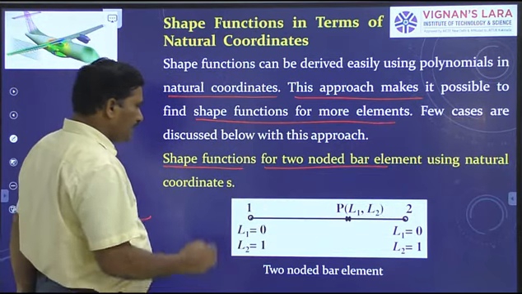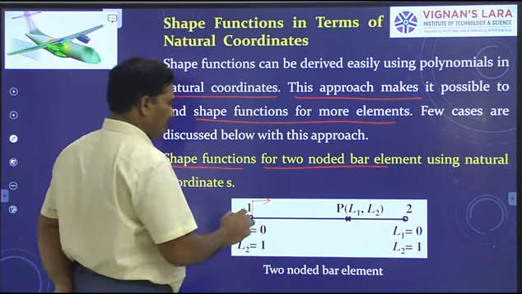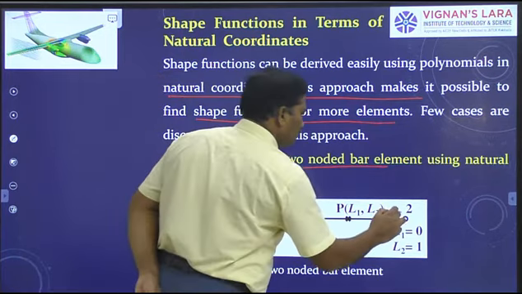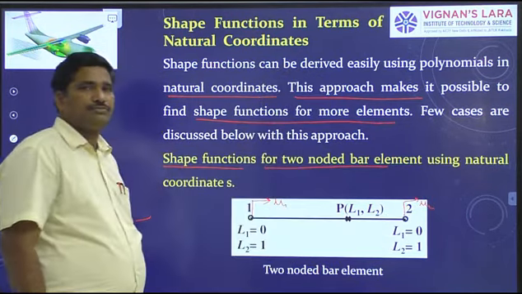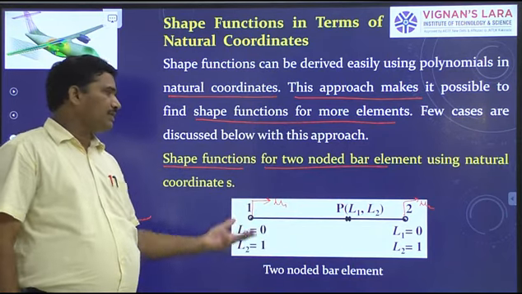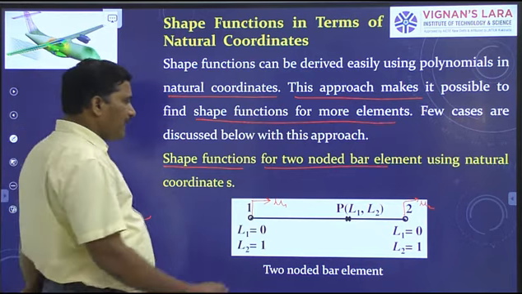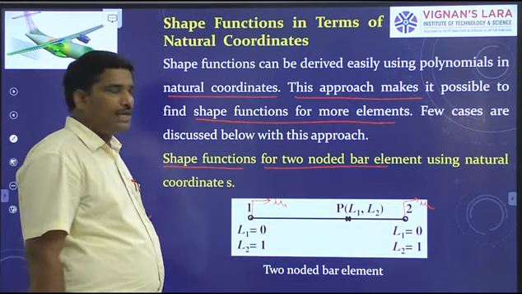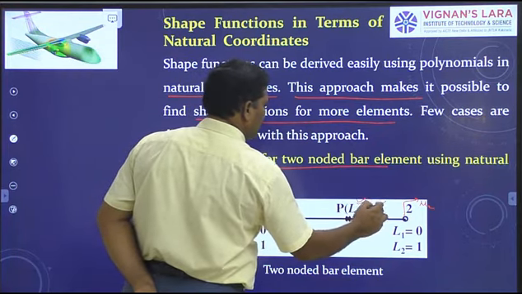As I said, each node consists of how many degrees of freedom? One degree of freedom. Node 1 has the degree of freedom u1 and node 2 also has the degree of freedom u2. Remember, they are the displacements. Now P is the point of interest. It is specified by two natural coordinates L1 and L2.